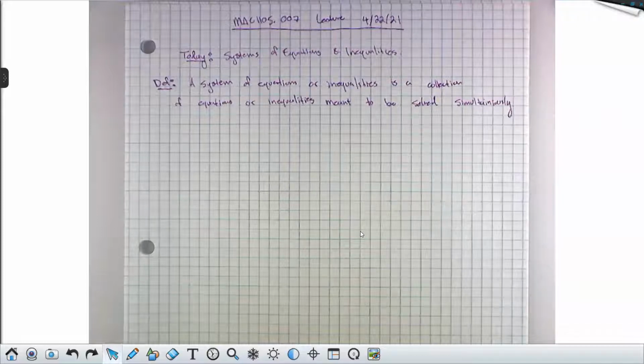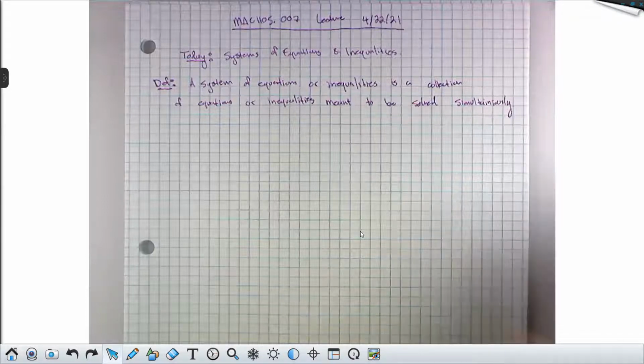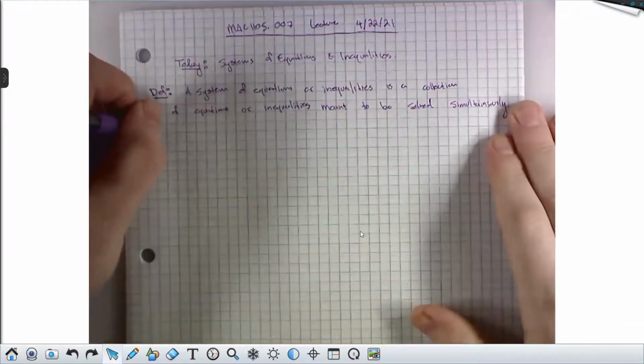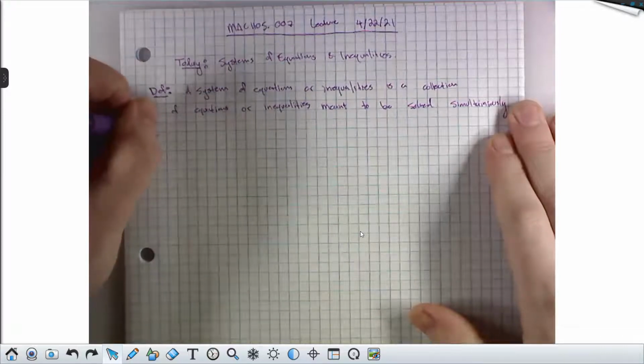So rather than spending a bunch of time going over what the things are, I just want to show you how to solve them and give you a little bit of a feel for the different kind of solution spaces you can get. Before I show you an example, though, there's 1 or 2 things I want to talk about regarding classification. We're going to begin with systems of equations.